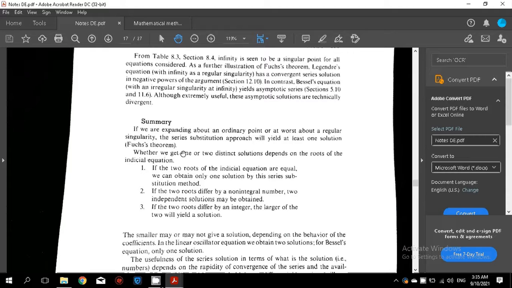So that is Fuchs's theorem. It means that if the point of expansion is an irregular singular point or essential singularity, then you may not get both solutions from the series method, but this is very rare. The other criteria is written in these three steps, that is also part of Fuchs's theorem.